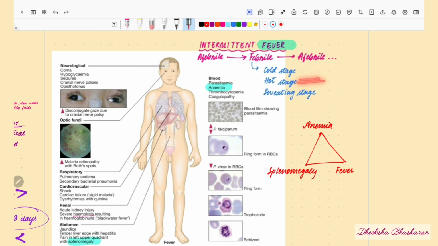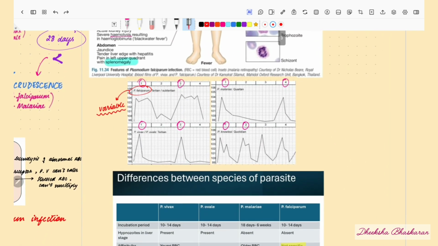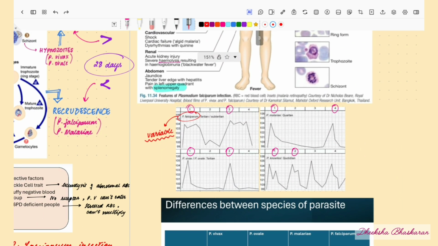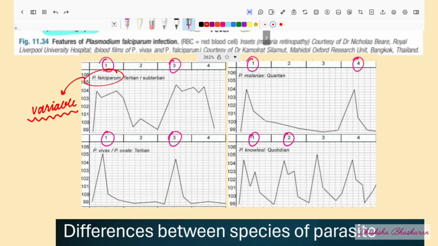That is the hot stage. And there's a sweating stage where the person has excessive sweating, there's excessive perspiration, and then there's a fall in temperature. And the person becomes afebrile again. And after this afebrile period, when the febrile period occurs, all these stages again continue. So this is the intermittent character of the fever that we talk about. And this intermittent fever is different in different species of the parasites.